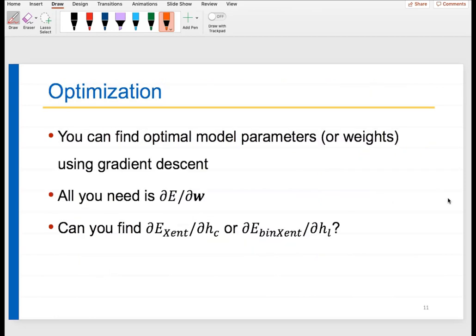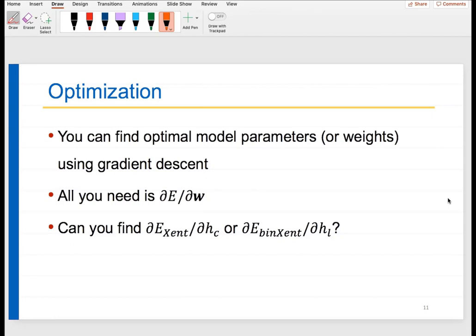Okay. Now coming to the next topic, which is optimization. Let's go through it quickly. How do you optimize your network now? You know you're going to use gradient descent. So you have to find the derivative of the error function with respect to the weights, right? So this will be one of the problems in the quiz.